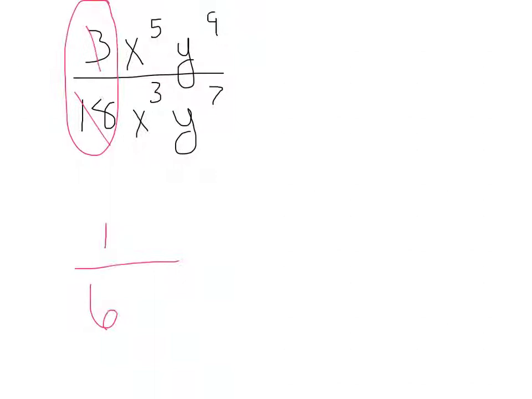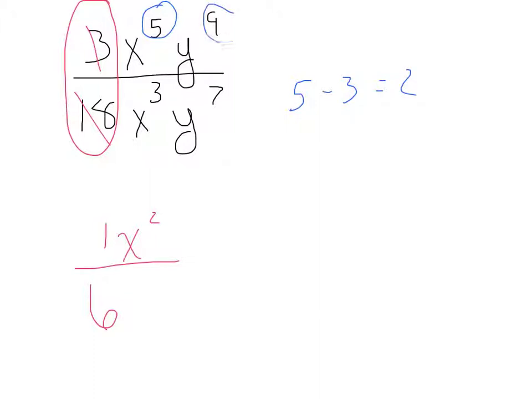Now looking at the x to the fifth over x to the third, I could expand this if I'd like, or I could just say, well, I have 5 x's on the top, I have 3 on the bottom. That's going to leave me with x squared on the top, and again, that rule that we spoke of, 5 minus 3 gives me 2 when I subtract exponents.